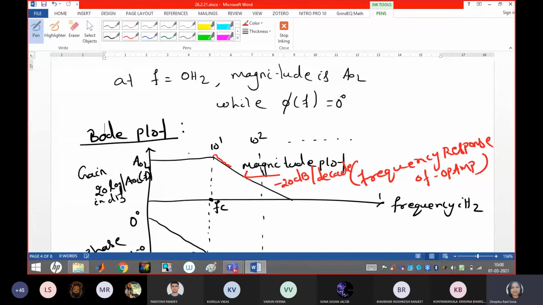For now just remember, when we increase the frequency, the gain will decrease after Fc. Up to Fc it is constant. Just remember this basic concept only. I will prove this in the filter, because in filters you will study low pass and high pass filters, no?